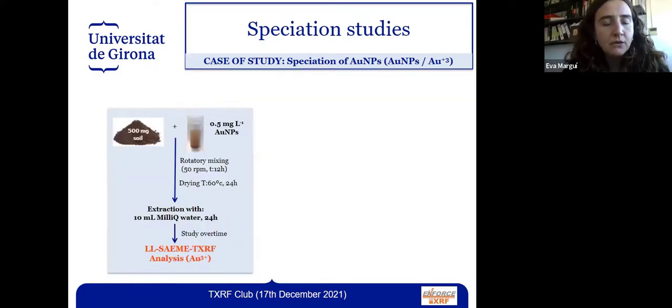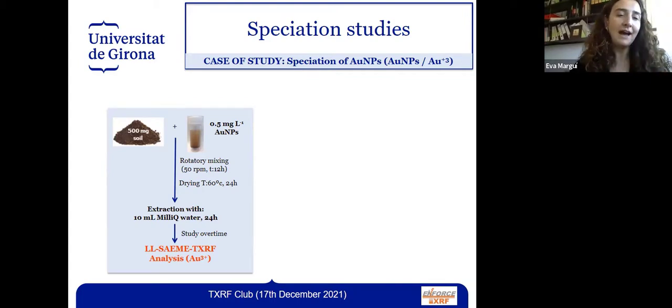And finally, we apply the system in an experiment to study the potential dissolution of gold nanoparticles in the soils. For that, we put in contact 500 milligrams of soil in a solution containing gold nanoparticles. We mix this for 12 hours, and here, this is not good. This is not 12 hours.